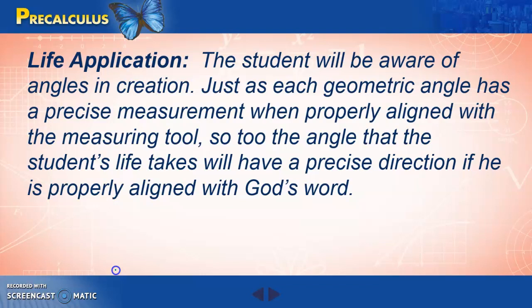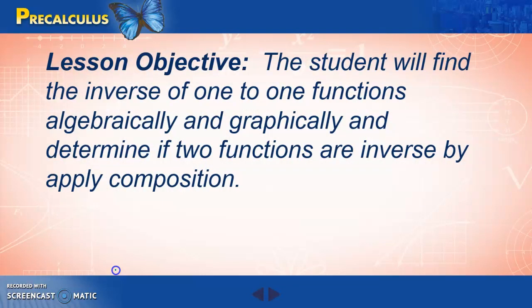And I know from experience, and maybe you know from experience, that when things aren't orderly and we're not properly aligned with God, what God has created for us to do, things can be a little bit chaotic. So we want to make sure that not only are we doing math with accuracy and precision, we want to make sure that we're also living our lives accurately and precisely according to His Word.